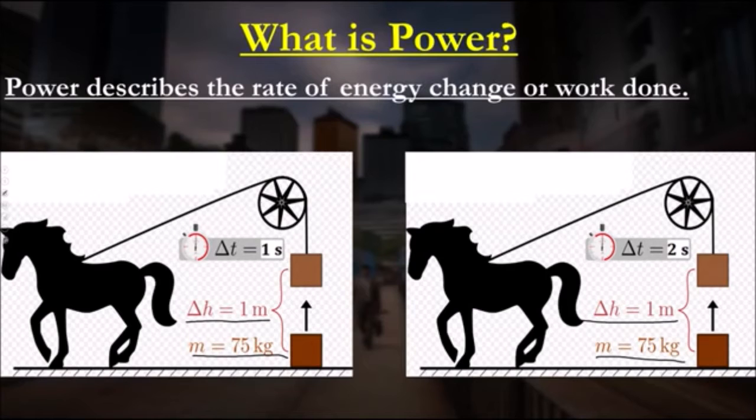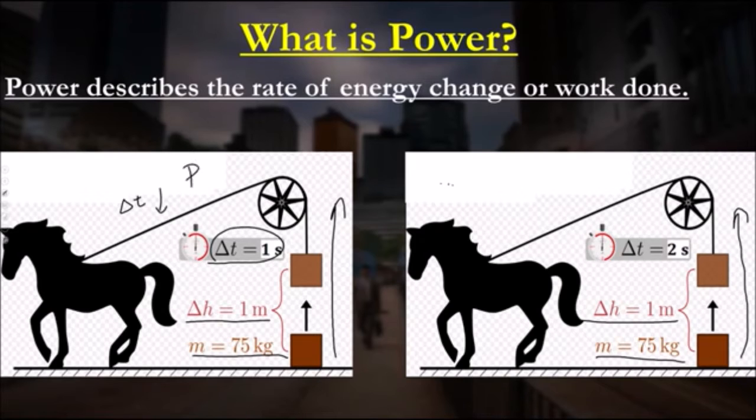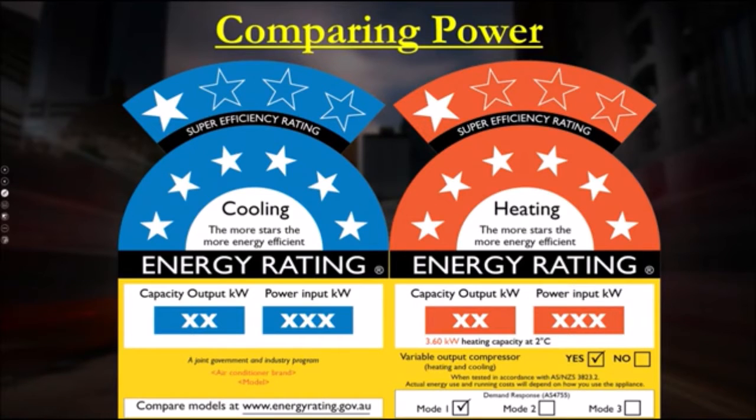However, the time taken is 1 second to pull this weight up. The time taken to pull this weight up is 2 seconds. So we can say that because this one takes, or the change in time is smaller compared to this side, the power is higher.